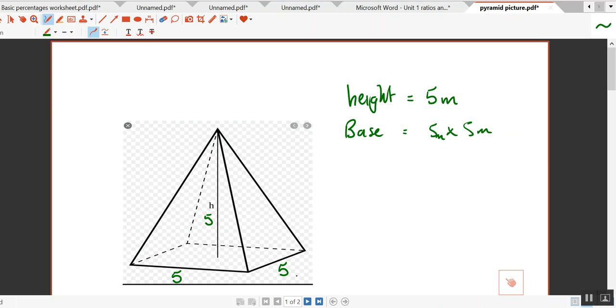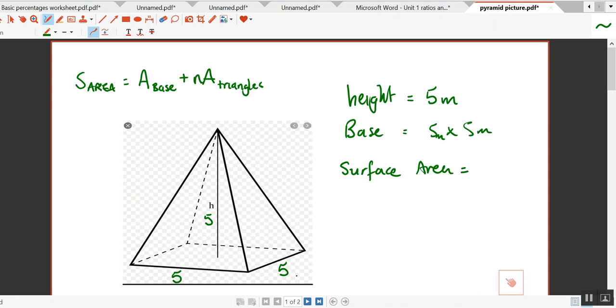So if we're going to work out the surface area, I want to know the surface area of the pyramid. Well, you wrote down the formula, which is the surface area is the area of the base plus the area of the triangles, and it's how many of them we've got.